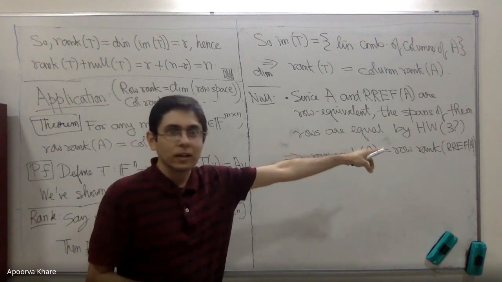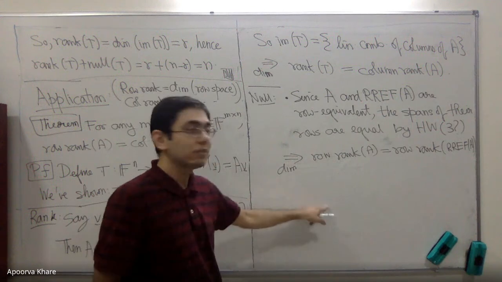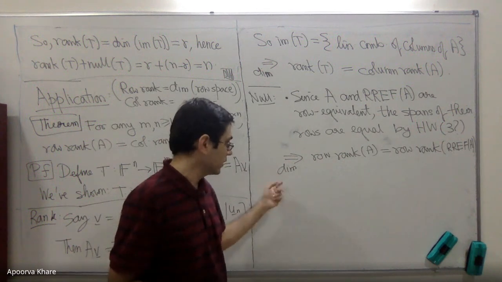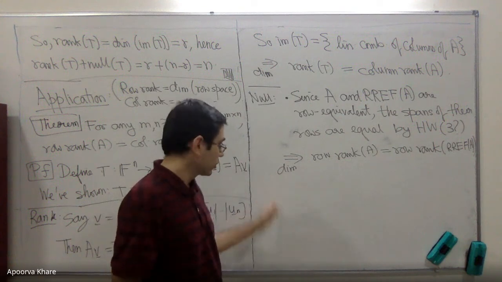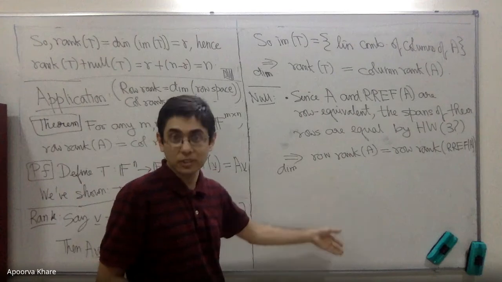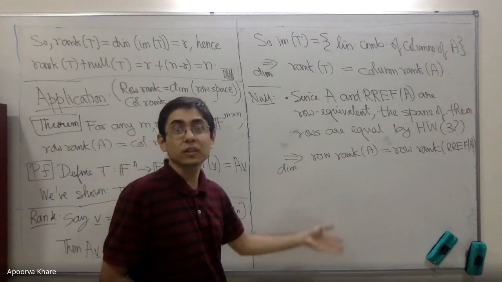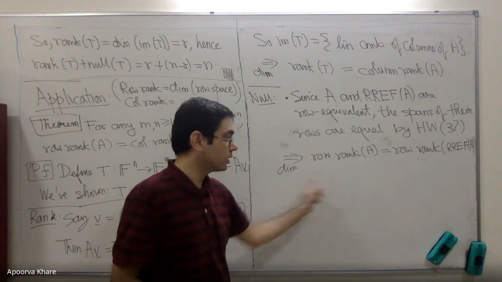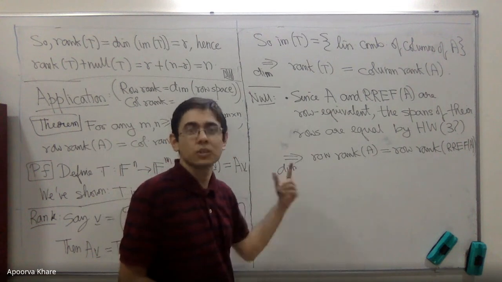Since those leading ones occur in different places, of course they are linearly independent because you can check, right? If any linear combination is zero, then look at the positions of those leading ones. There are no other contributing coefficients in any of the other rows in that column. So every leading one times that coefficient must be zero. So the coefficients are zero.